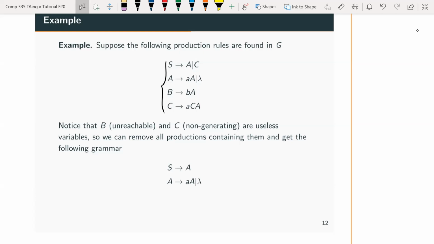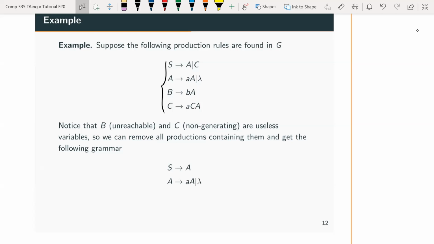However, you can be given a grammar, and sometimes in some pre-processing step, the processor mistakenly forgot to remove a variable, or it was a lazy processor. This is very far-fetched, but in that case, you ended up with a useless variable.